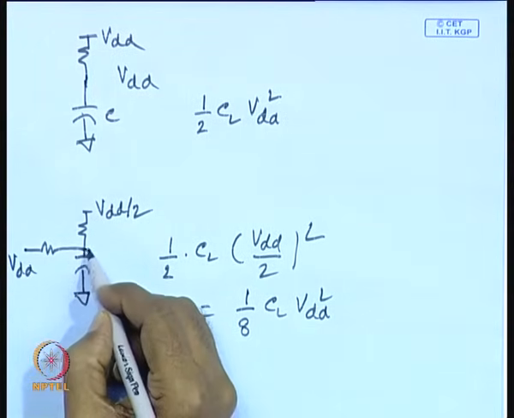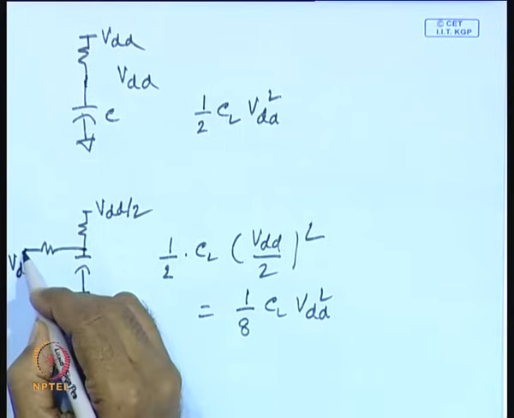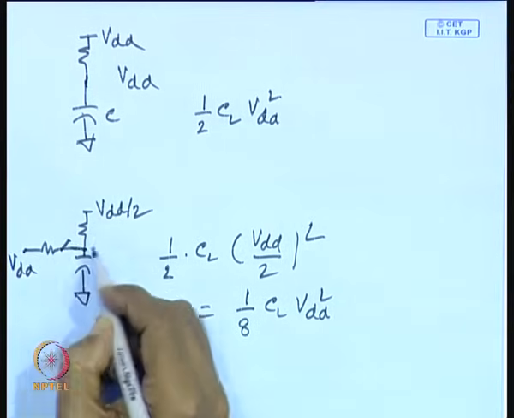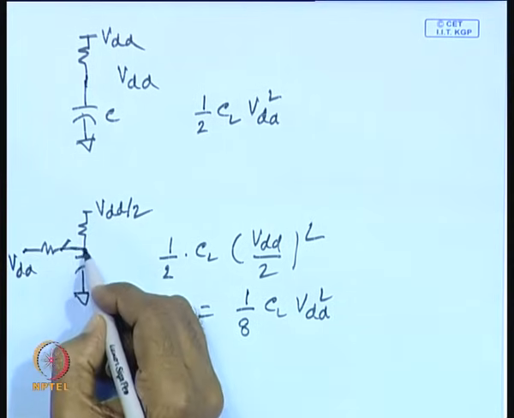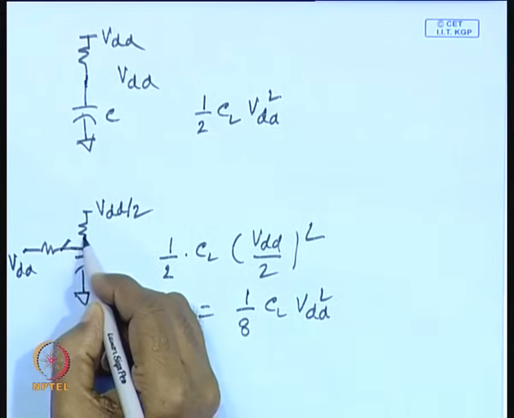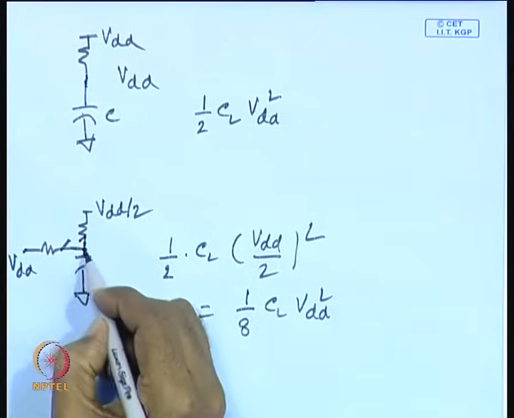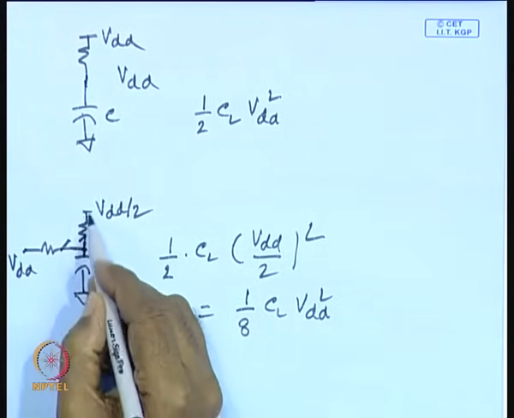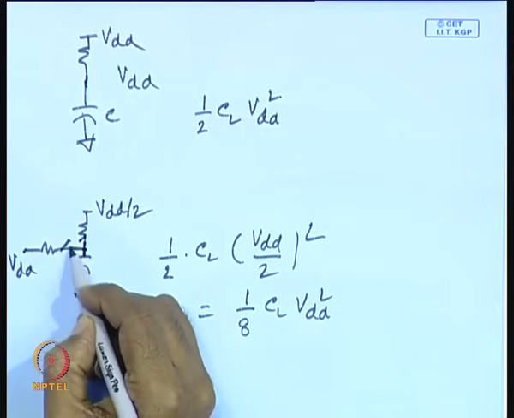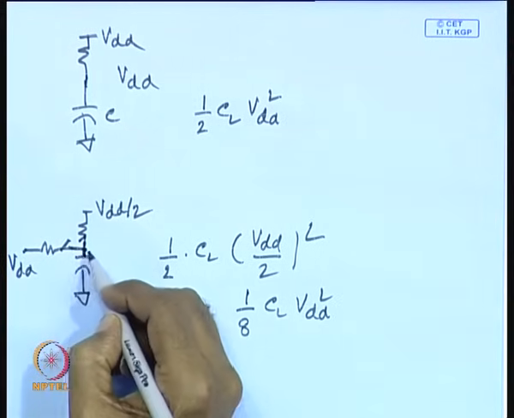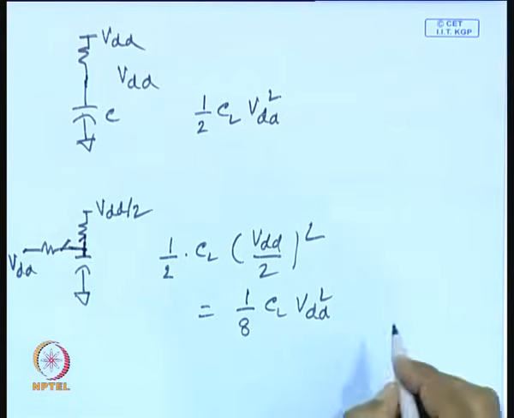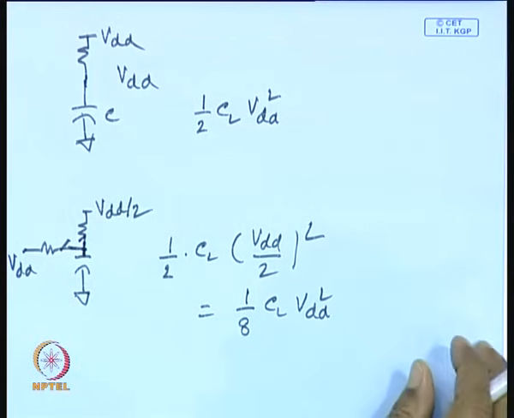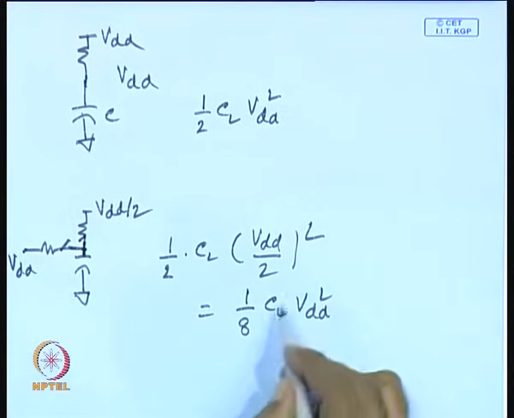After it has been charged to VDD by 2, this switch is closed and the earlier one is turned off. So, you have two switches here. First this switch is closed to charge it to VDD by 2, then this switch is closed to charge it from VDD by 2 to VDD.